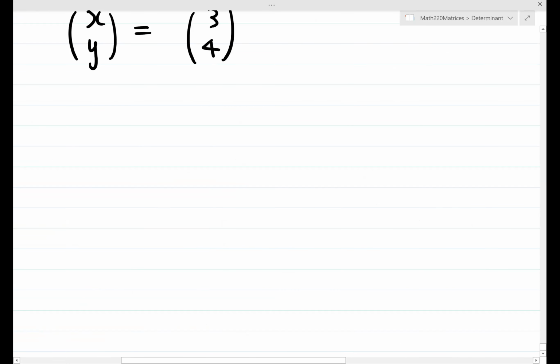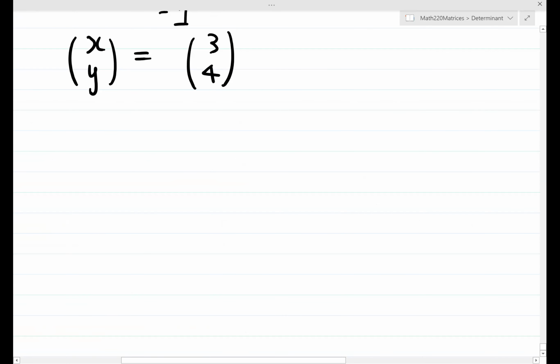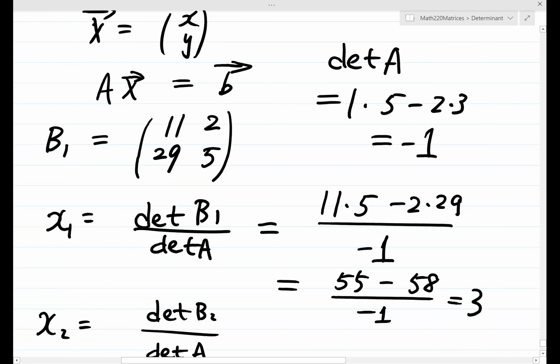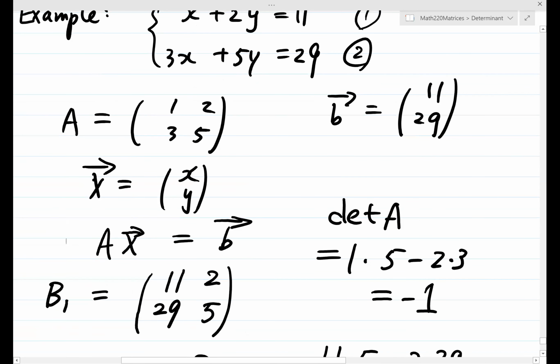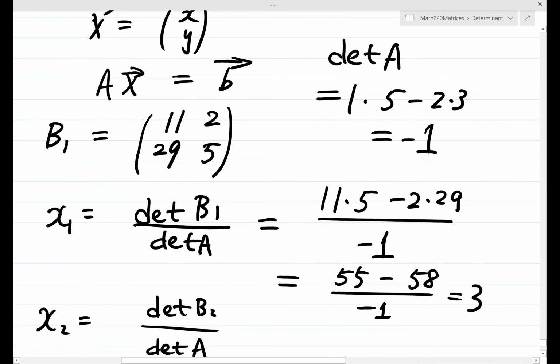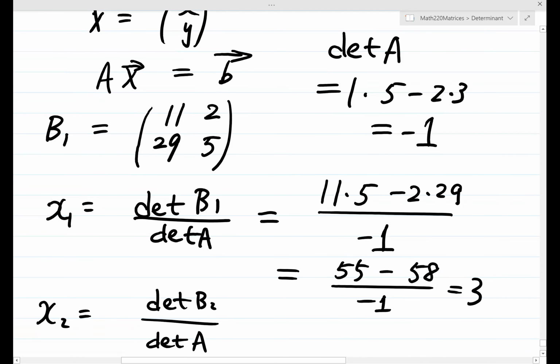To summarize, if we have a linear system with n variables and n equations, where the coefficient matrix is invertible, then we can solve it by Cramer's rule. To get xi, we replace the ith column of the coefficient matrix by the column vector b.